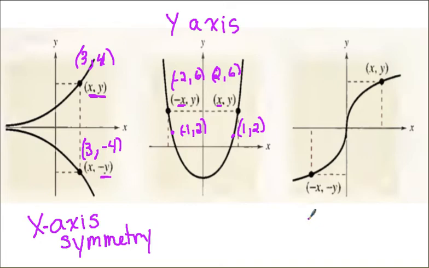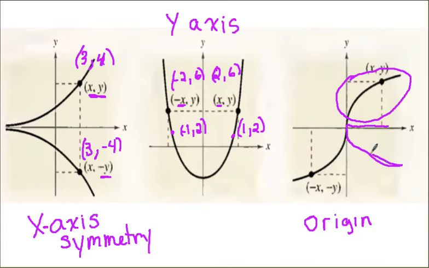And this last one here we call origin symmetry. It's symmetric about the origin. In reality, it's really a combination of the first two. If I were to take this top piece here and reflect it over the x-axis down here, I would end up with something like this.